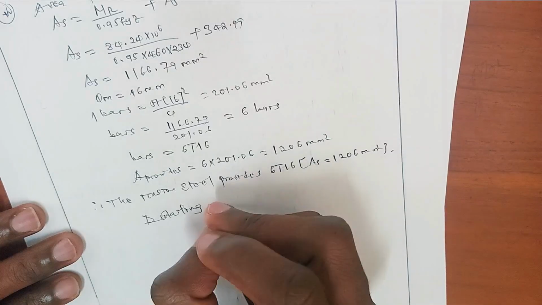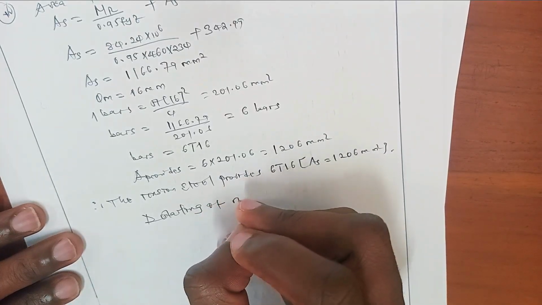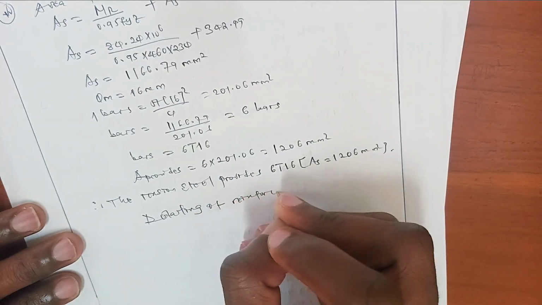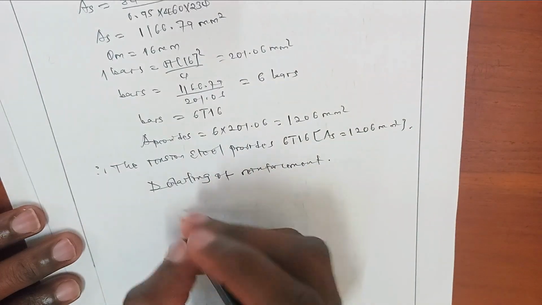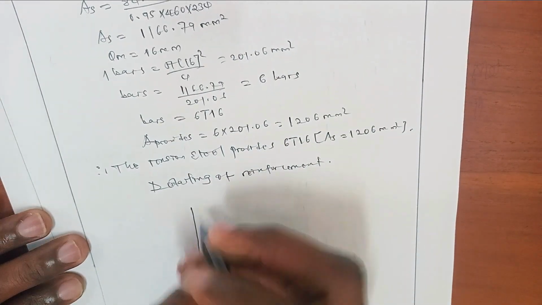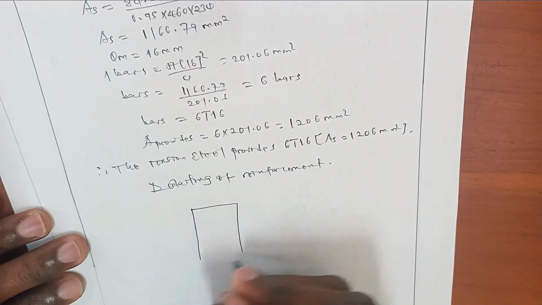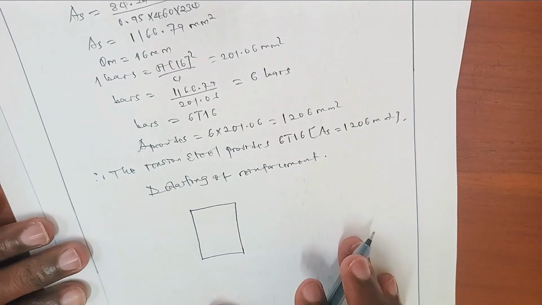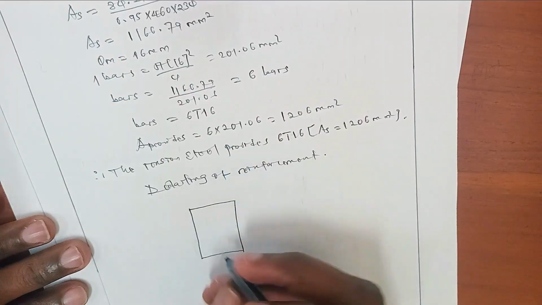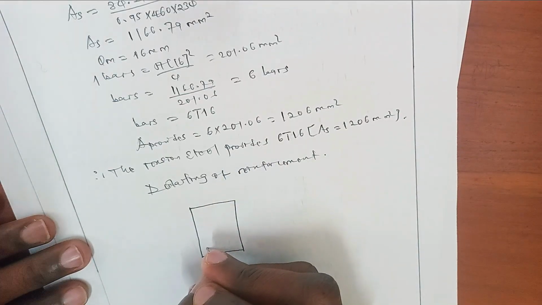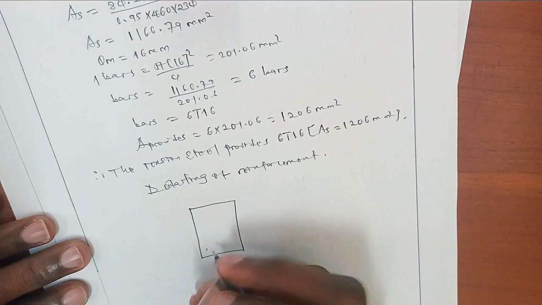Detailing of reinforcement. The section of the beam is in this way. The number of bars of tension is 6. So tension steel bars are provided at the bottom.